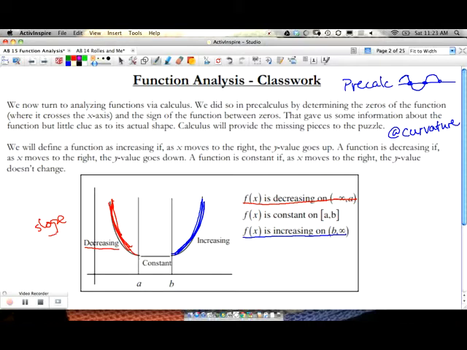And let's use purple for the in-between. It's a mix of the red and blue. And we would call this a constant slope. It's flat, where the slope equals 0. So that's our three types of things that we're looking at. Constant slope equals 0, positive slope equals increasing.